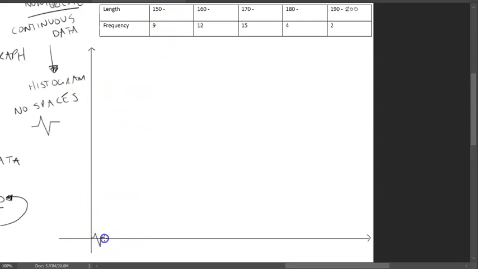Okay, so we're going to go all the way, and we're going to start here at 150. And then the next number is going to go all the way to 160.